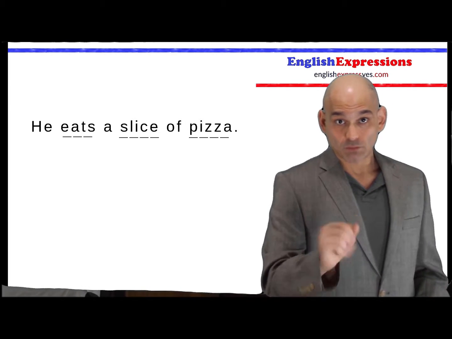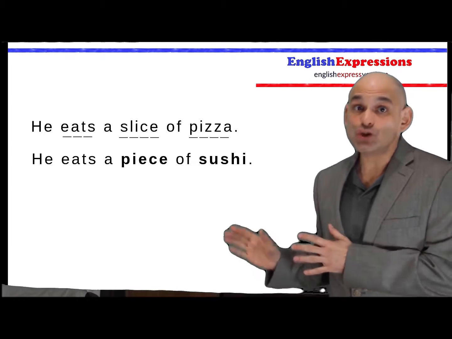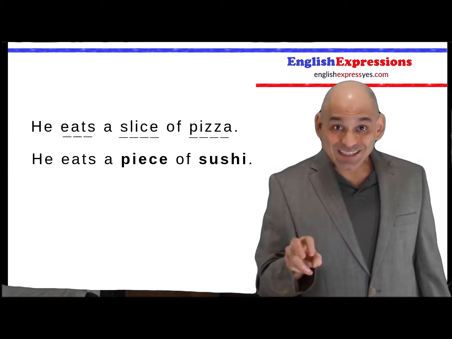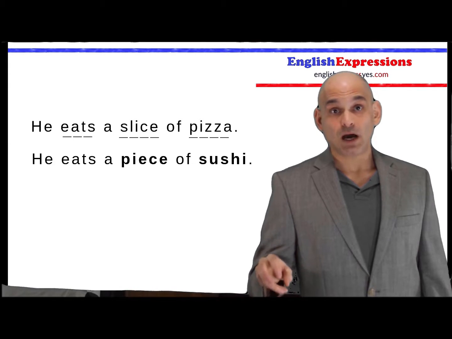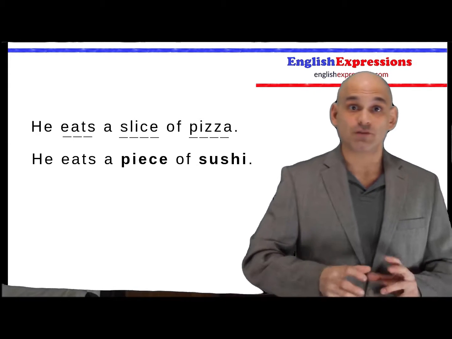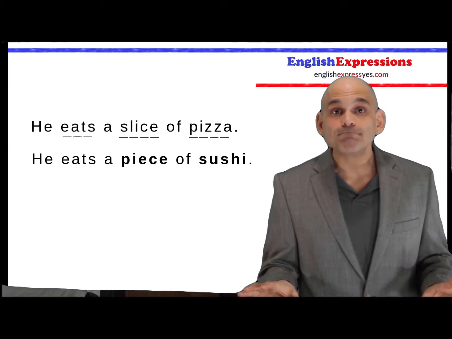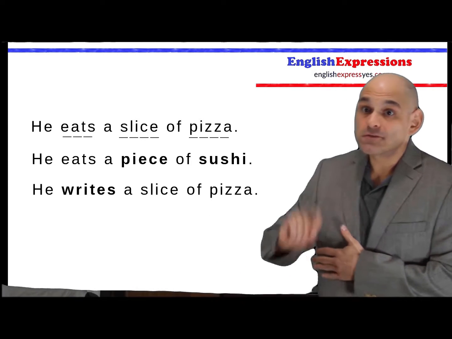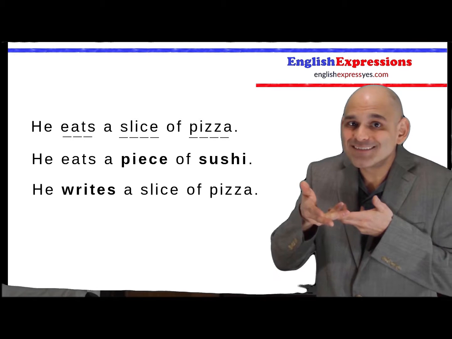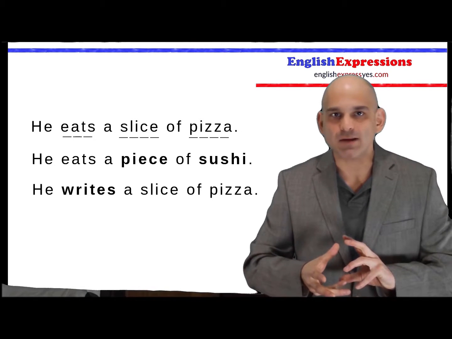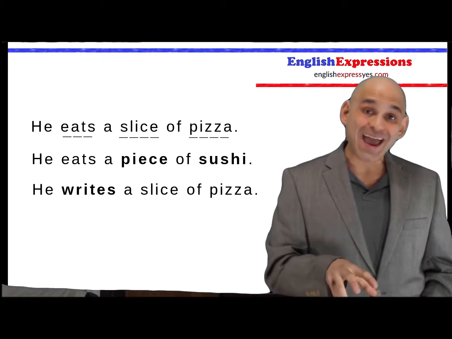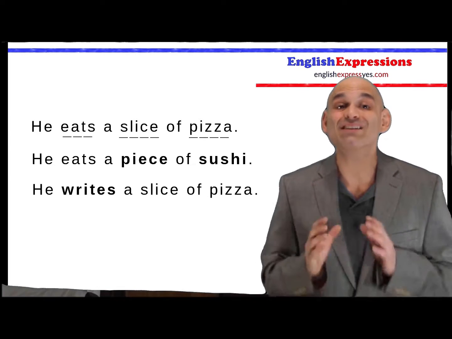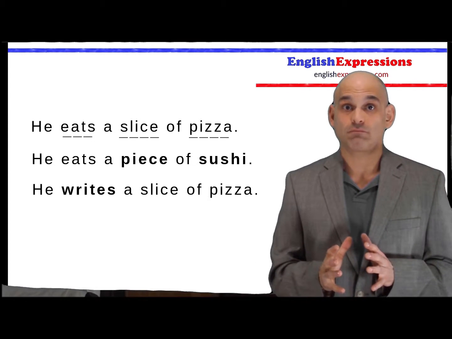For example, he eats a piece of sushi is totally different. Eats is the same, but piece is different, sushi is different. Totally different. We can also change the verb. He writes a slice of pizza. Totally different meaning, okay? So the nouns, verbs, adjectives, adverbs, we need to say them perfectly and fully.